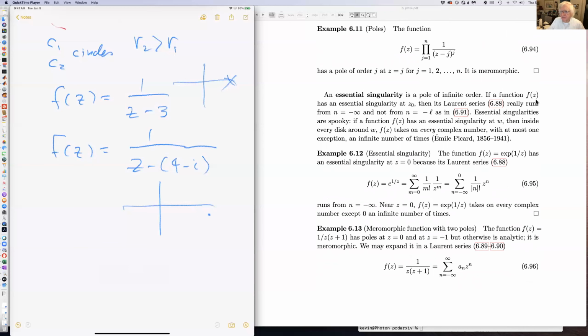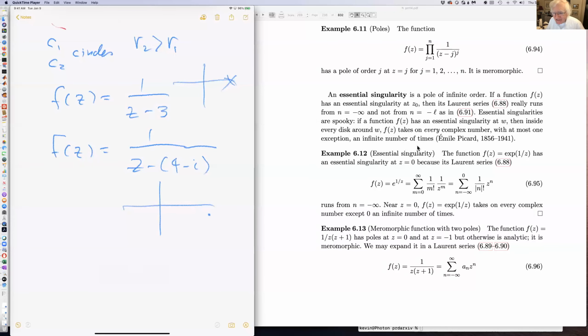And so then the Laurent series really runs from minus infinity and not from minus L. And there's a theorem due to Picard, namely that if a function f(z) has an essential singularity at w, then inside every disk around w, f(z) takes on every complex number, with at most one exception, an infinite number of times. So that's why I call them spooky.